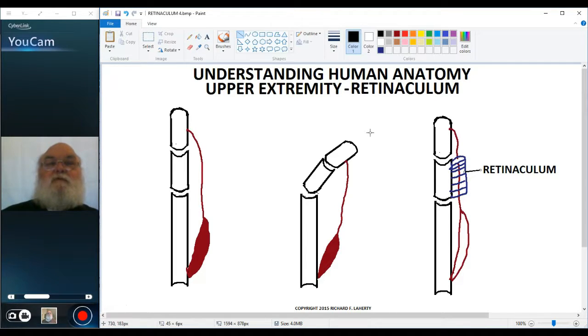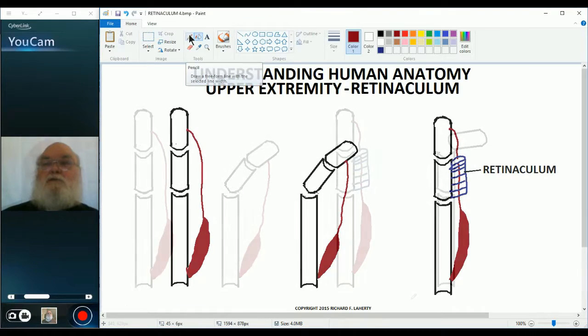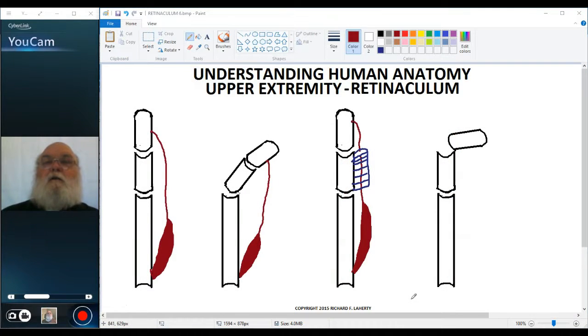So in the next slide, we'll show what it looks like when this muscle acts and the retinaculum is there to prevent the bowstring. Now, on the far right, we have these schematic bones, how they will look when this muscle contracts with a retinaculum.